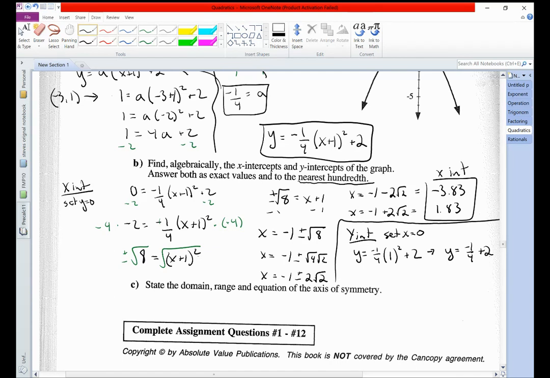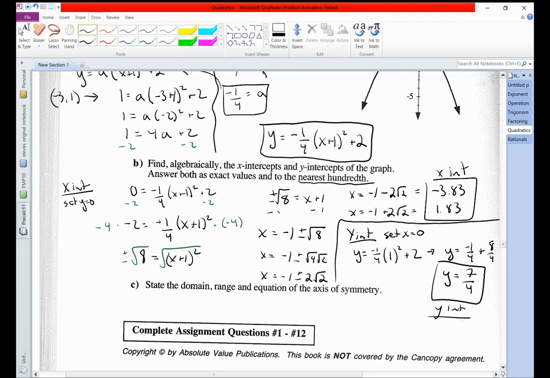And when you change 2 into a fraction over 4, we know that 2 is actually 8 over 4. And negative 1/4 plus 8 over 4 is going to be 7 over 4. That's your y-intercept.